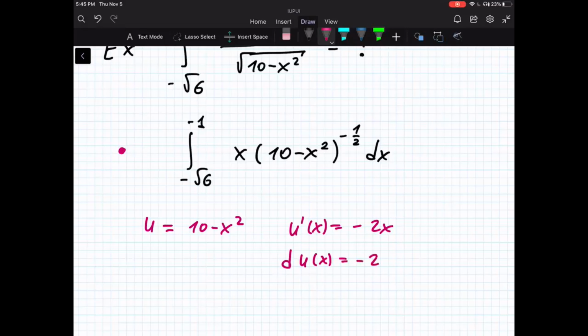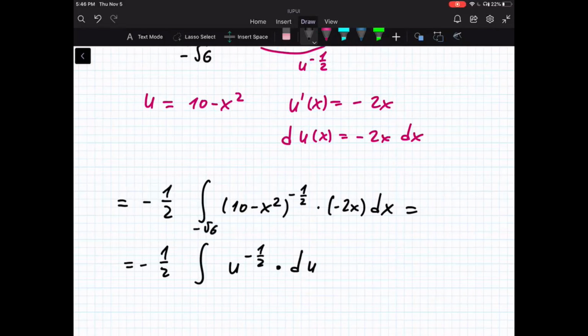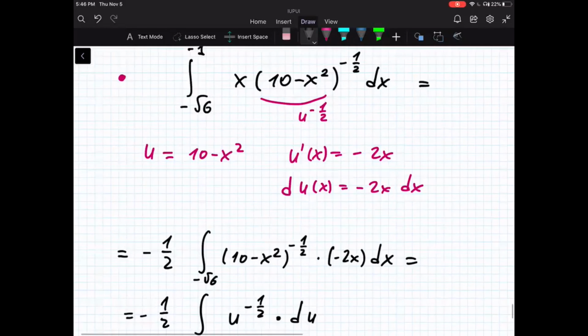And thus I will get minus 1/2 integral, where this is my u to the power minus 1/2, and minus 2x dx is du. And so indeed I can use the general power rule. But the question is, what happened with the limits? Before, I had minus square root of 6 to minus 1.